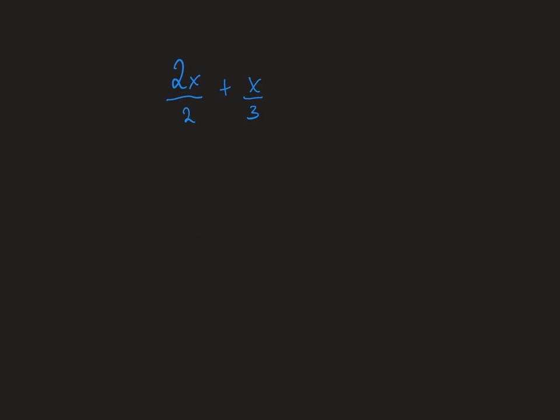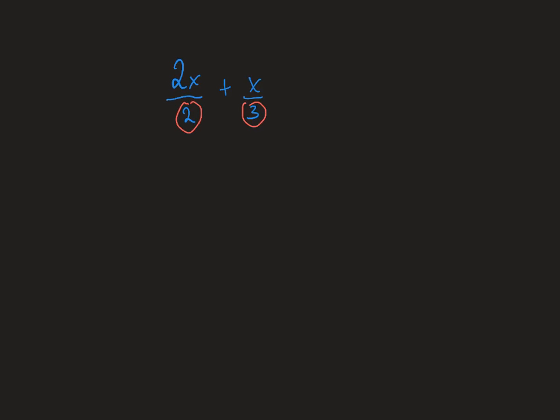Okay, so in this slide, we're now using x's. We now have expressions, but the steps don't change. You still want to find the common denominator between these two numbers. What is the 2 missing that the other denominator of 3 has? Well, we can turn them both into 6.